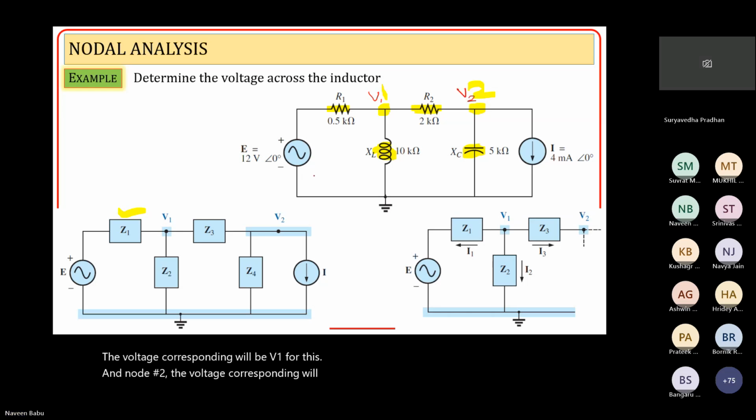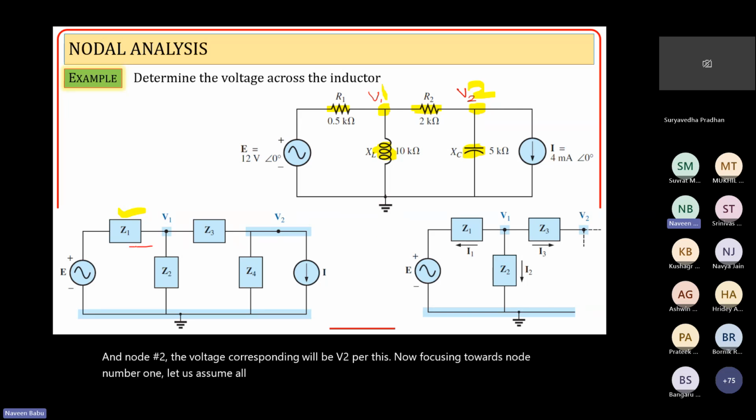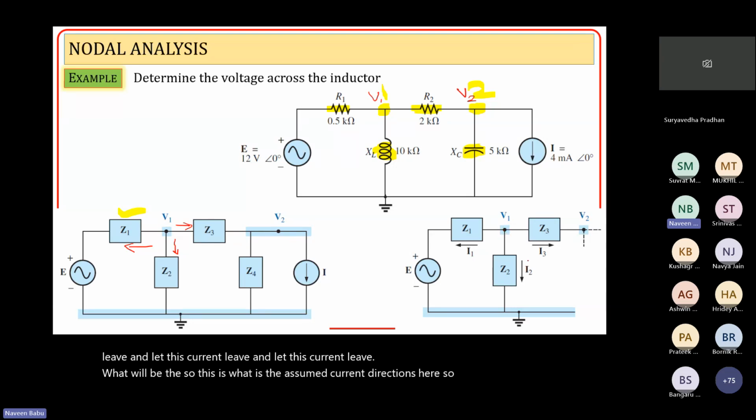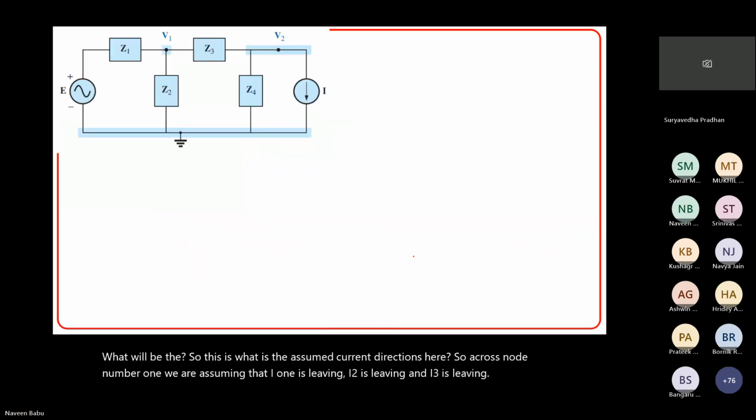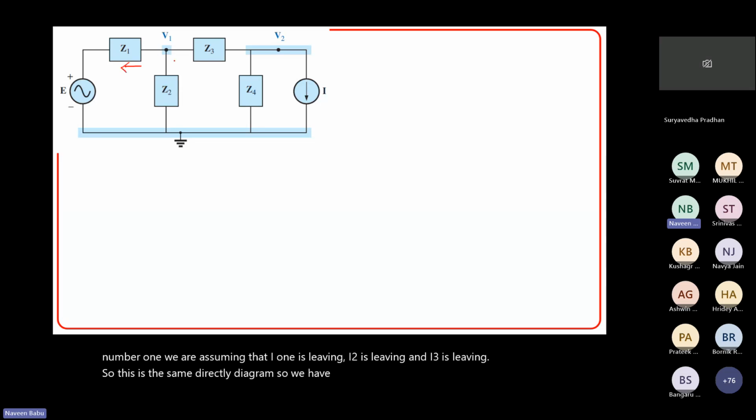Now, focusing towards node number 1, let us assume all the currents leaving this particular node. So this is the assumed current directions here. Across node number 1, we are assuming that I1 is leaving, I2 is leaving, and I3 is leaving.